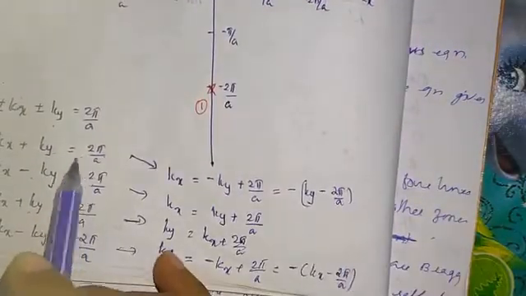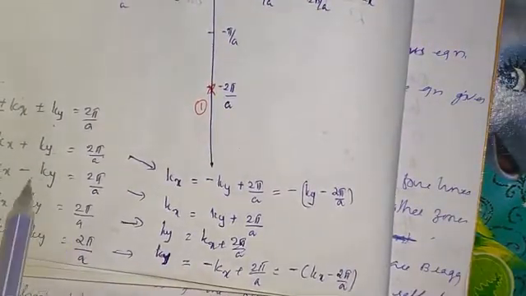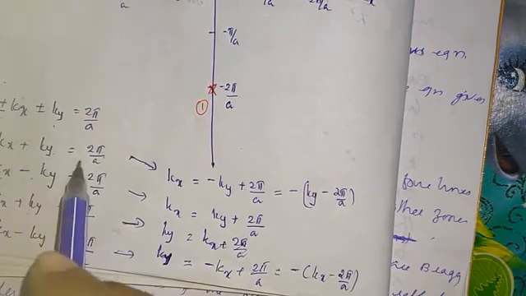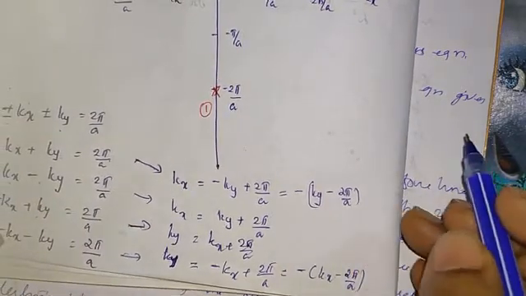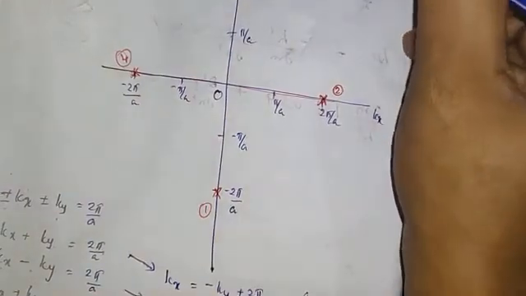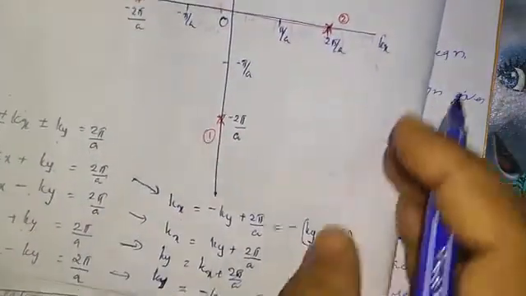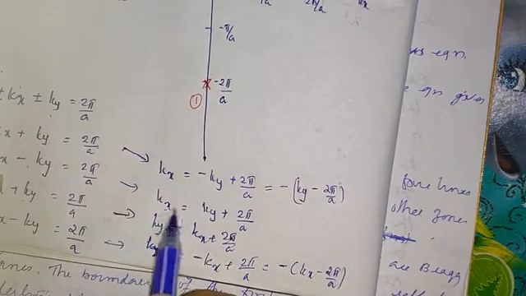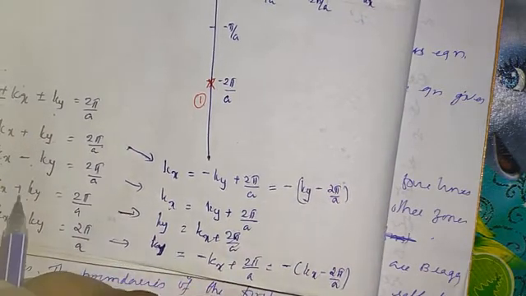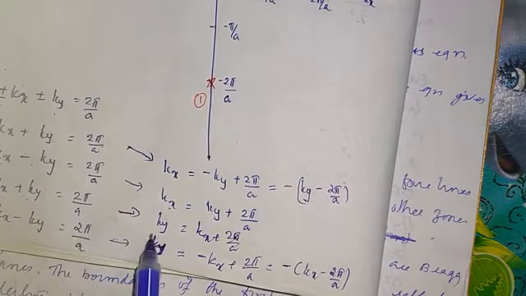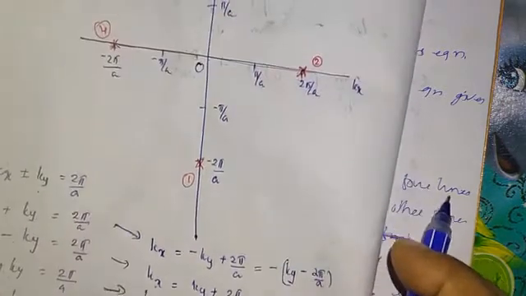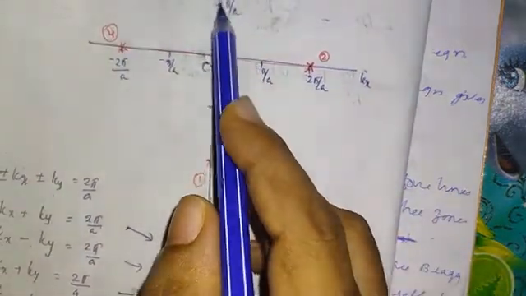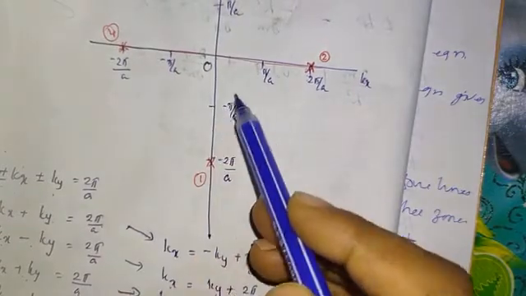So the first equation, and then the second and third equation. Look at this equation. From this we will get kx is equal to ky plus 2 pi by a, and ky is equal to kx plus 2 pi by a. So this is the line representing ky.